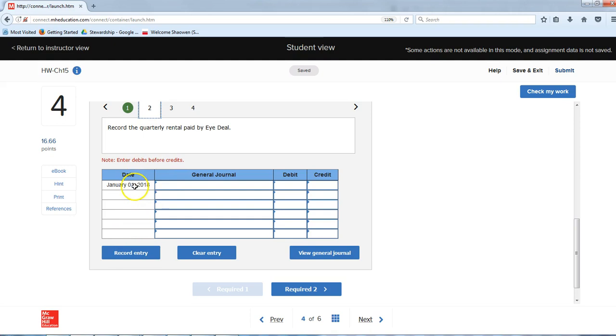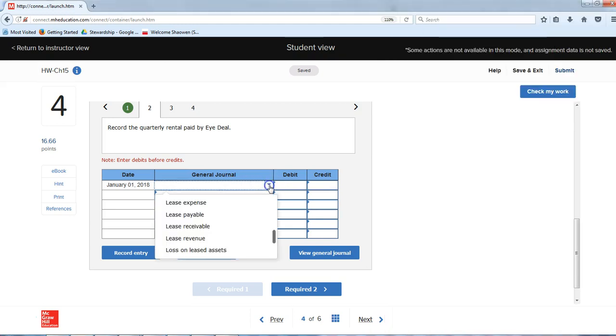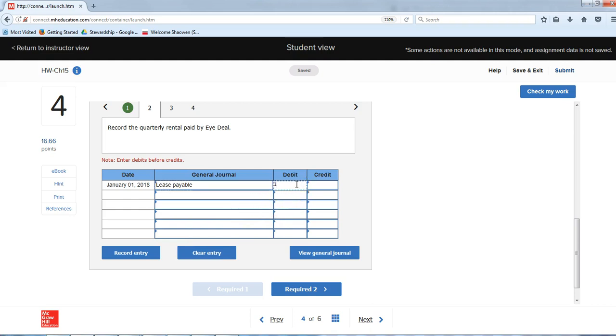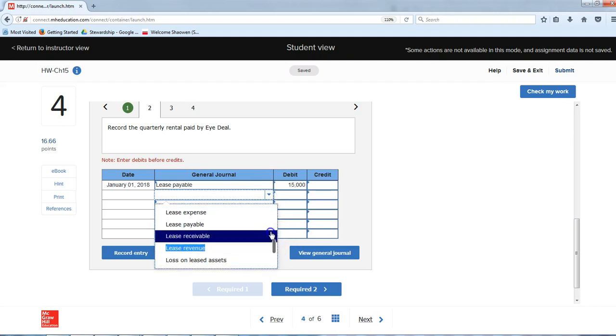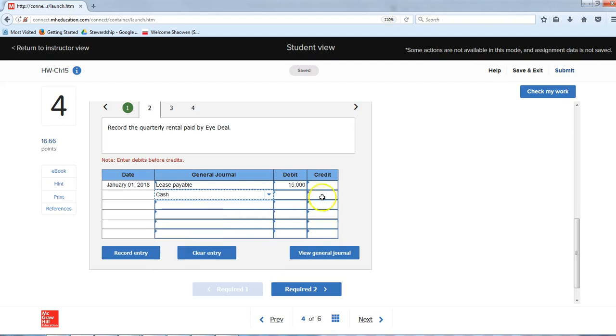Then on the same date, record the quarterly rental payment by lessee. Remember our amortization table, the second row, payment of $15,000 reduces the previous balance. So lease payable is reduced. We debit lease payable for $15,000 and credit cash for $15,000.